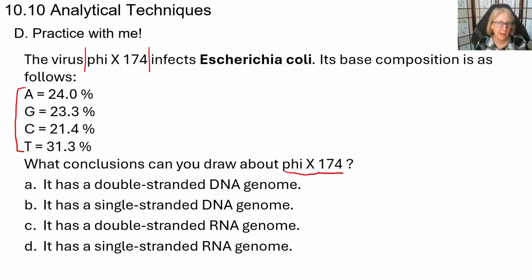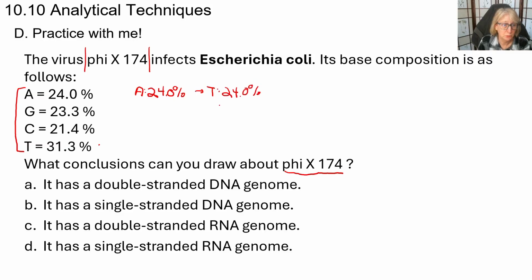All right, so I'm going to go ahead. If you're not done, pause me. Chargaff said that in DNA the amount of adenine is equal to the amount of thymine. So if DNA is coding, I would expect my thymine and my adenine to be the same amount.